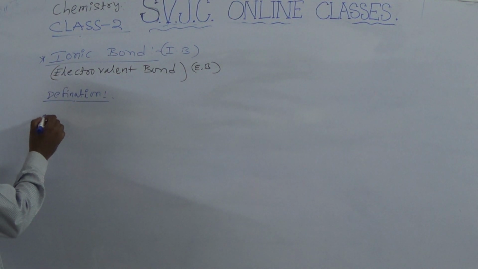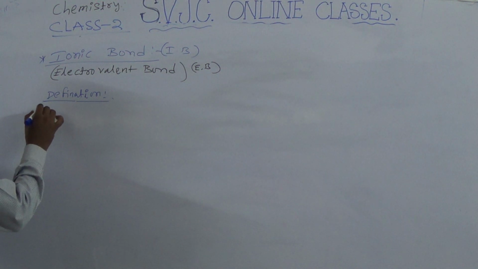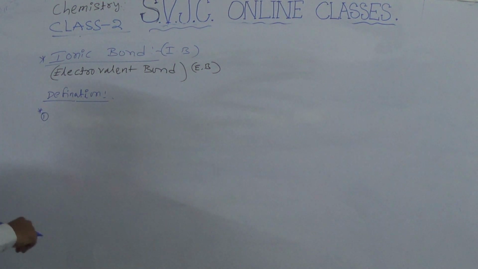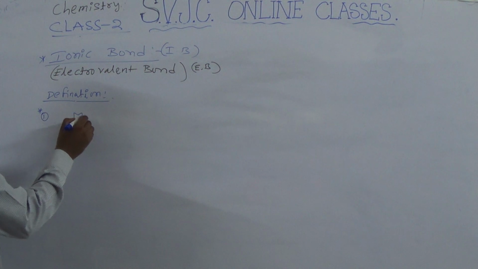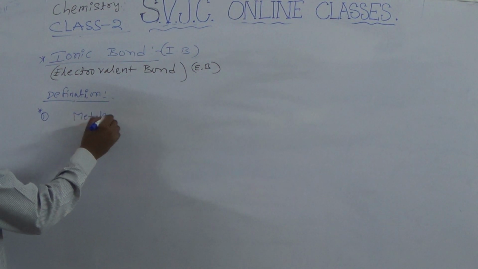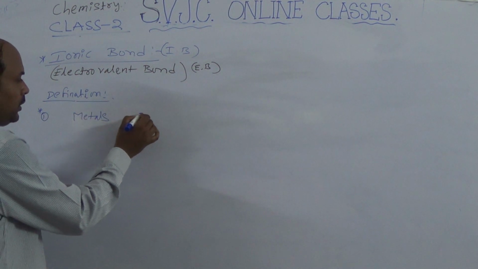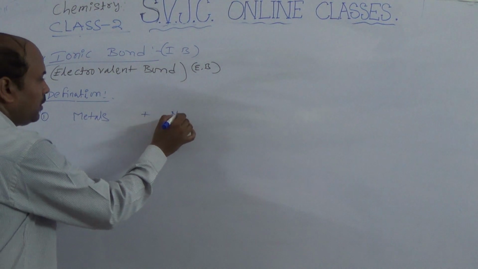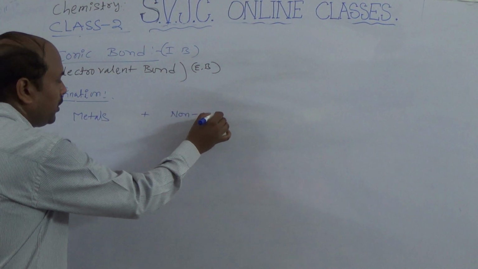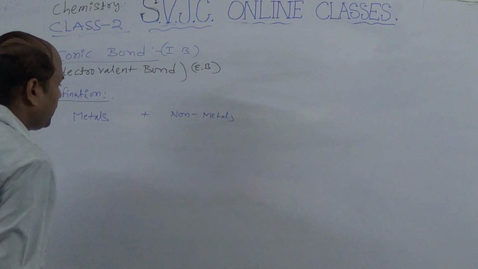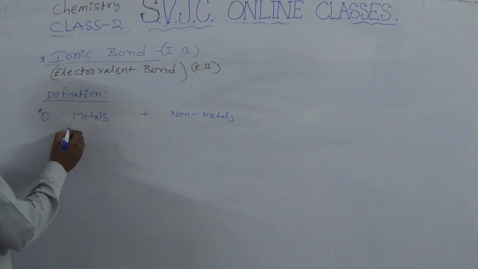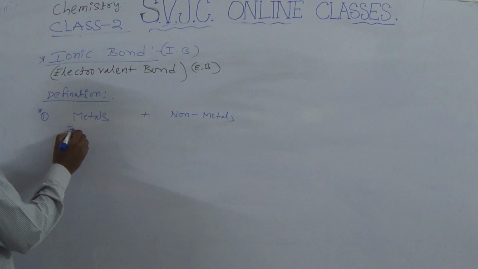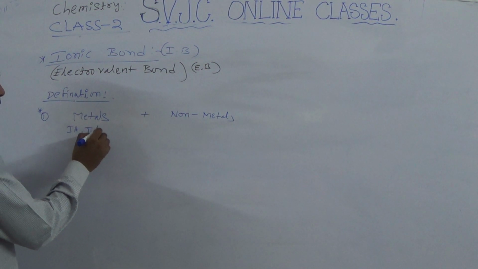And here are the main points. Ionic bond is especially formed between metals and non-metals. Examples of metals are first A group elements and second A group elements.